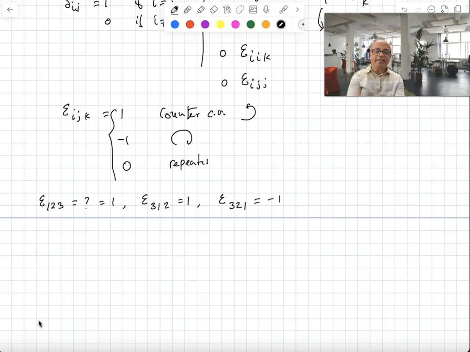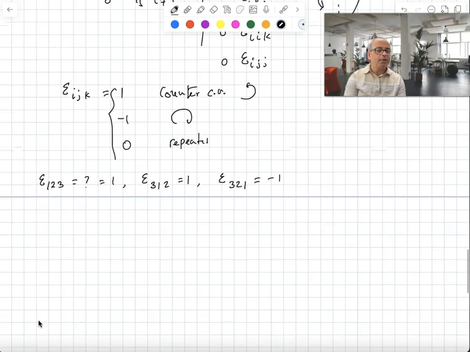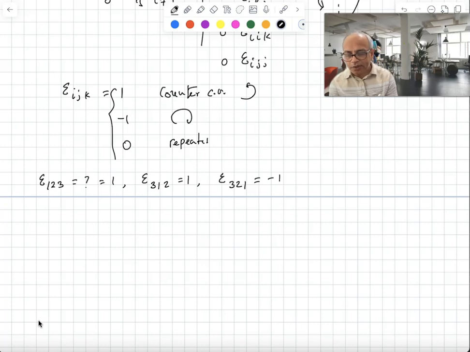So the nice thing about that is we can do a lot of other things, for example, the cross product. This time I'm not going to explain it, rather I'm going to inform it. I want to know how to write the cross product in tensor notation.